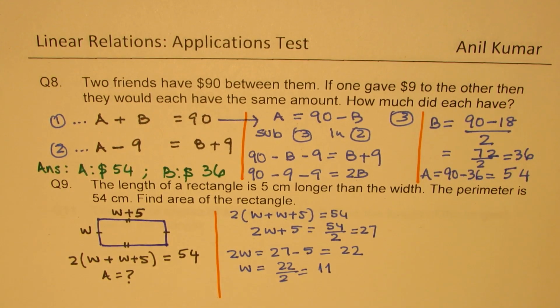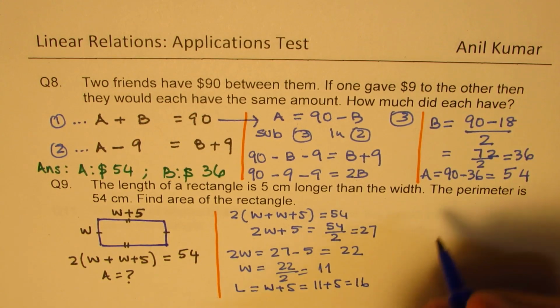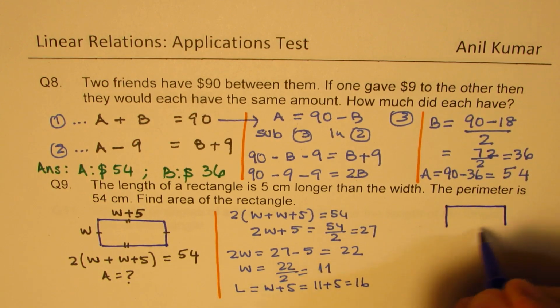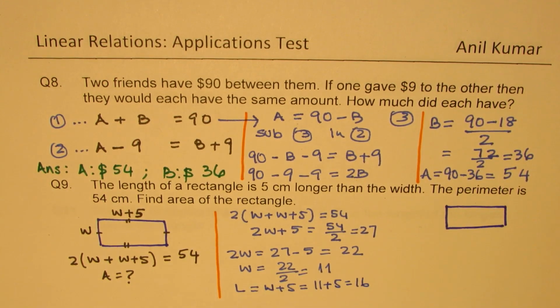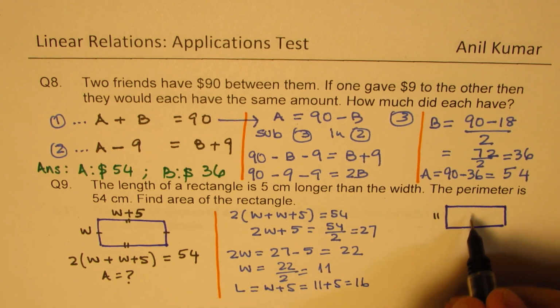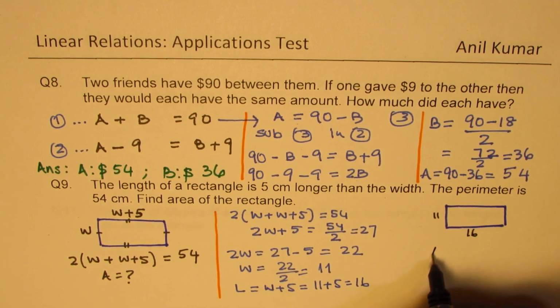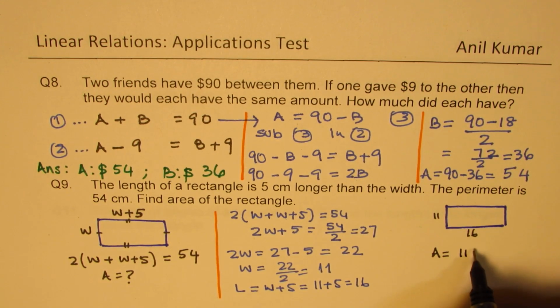So once we get a width of 11, we know length will be w plus 5, which is 11 plus 5 or 16, correct? So we get a rectangle where width was 11 and we found length to be 16, correct? And we are interested in area, so area will be 11 times 16, correct?